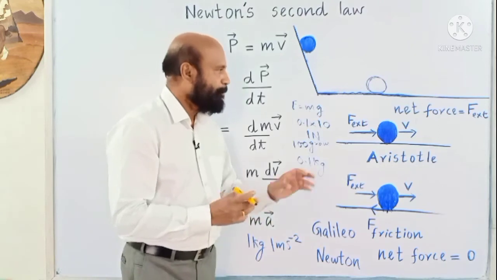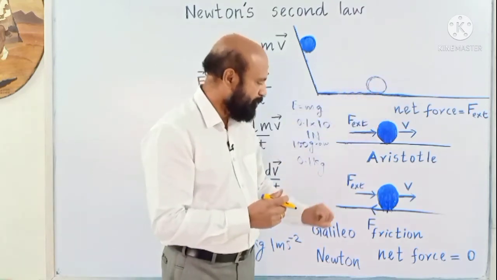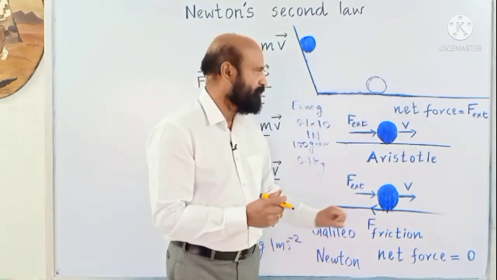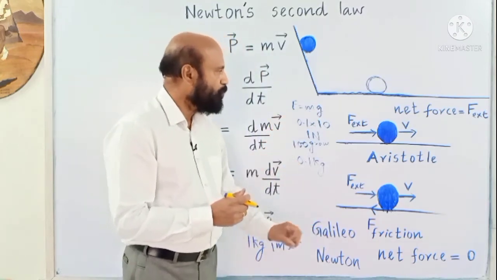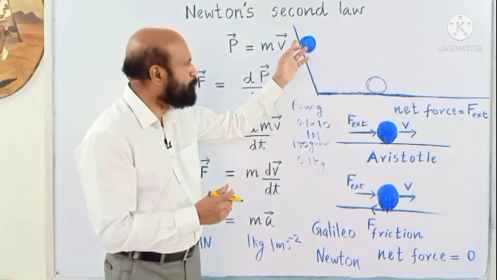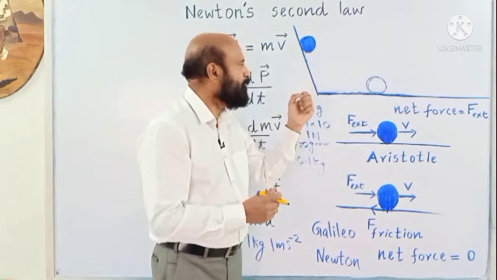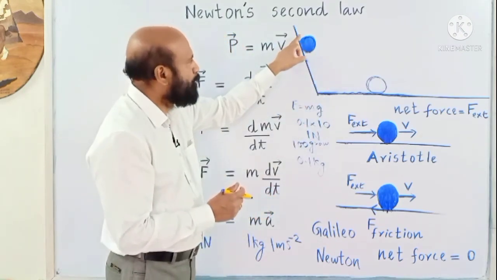Now let us make a comparison between Aristotle's idea and Galileo and Newton's idea. Newton's law could explain the motion of an object on an inclined plane. Here there is an object on an inclined plane.